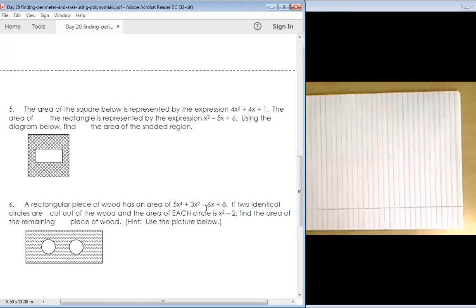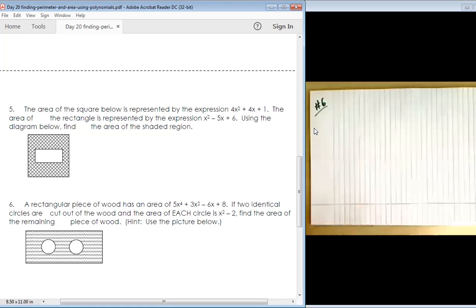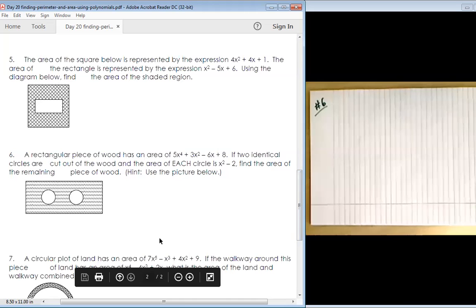Okay, so number 6 there. What info are we given? For this question, we need to times each circle's area by 2 because we have 2 circles.